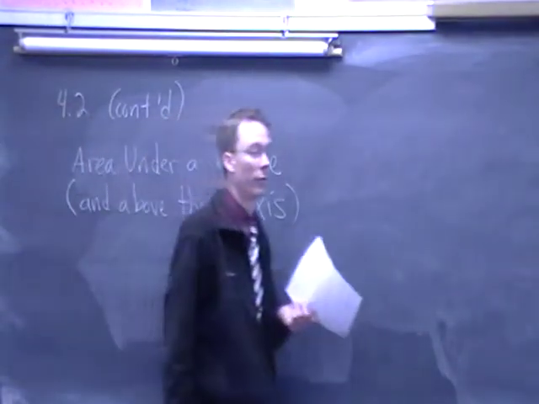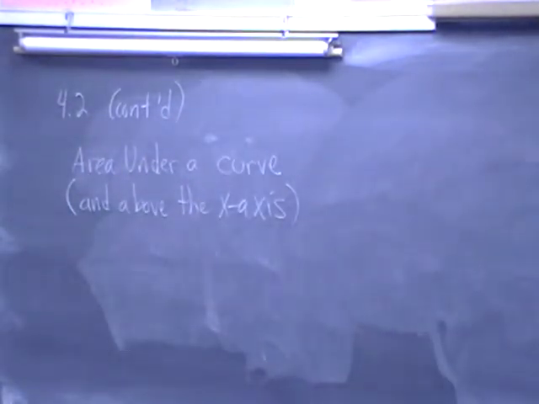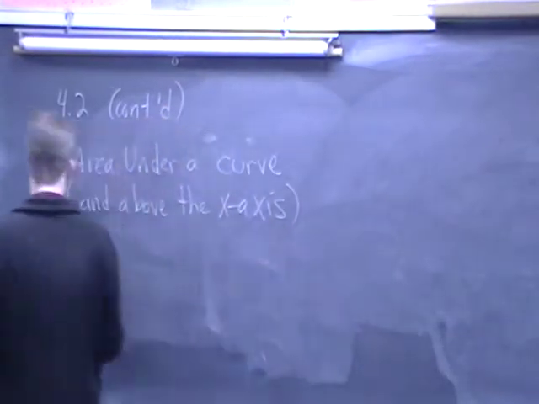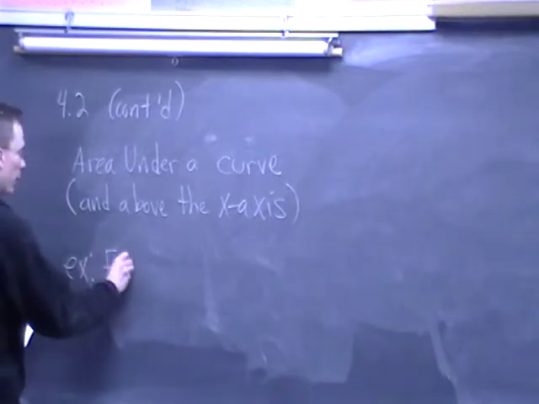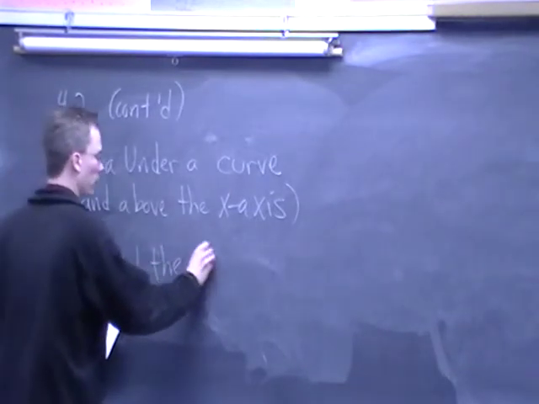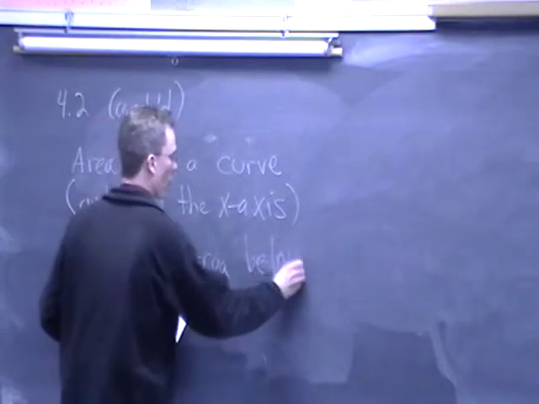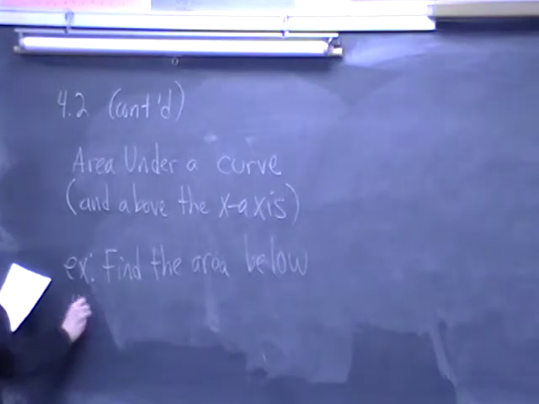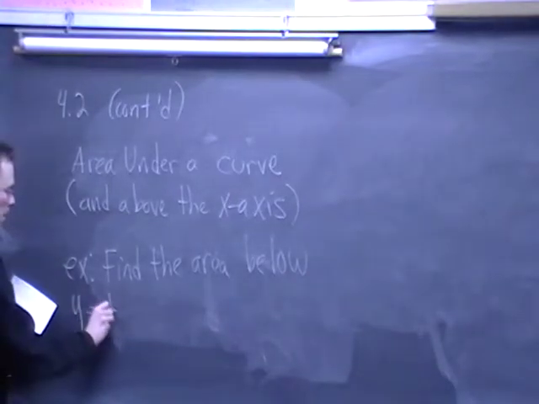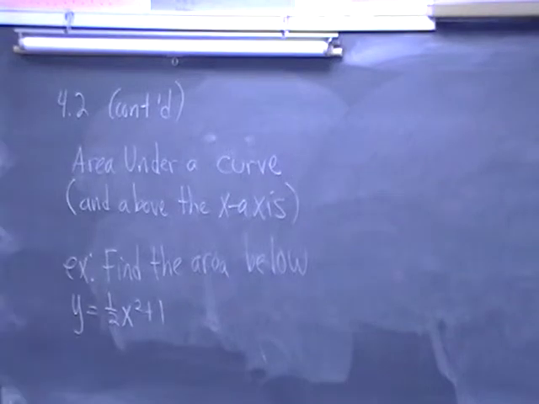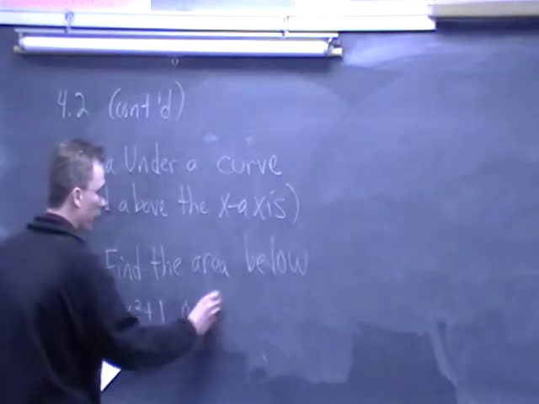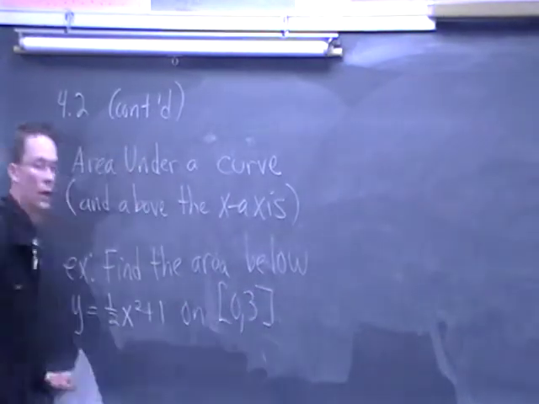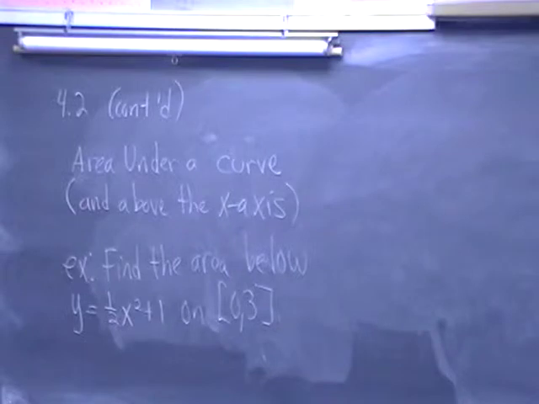Sometimes you don't even need calculus to do this. If the curve isn't really so much a curve as it is like, you know, a line. So an example here. If we want to find the area below y equals 1/2 x squared plus 1 on the interval 0, 3, we can actually do that without doing any calculus.